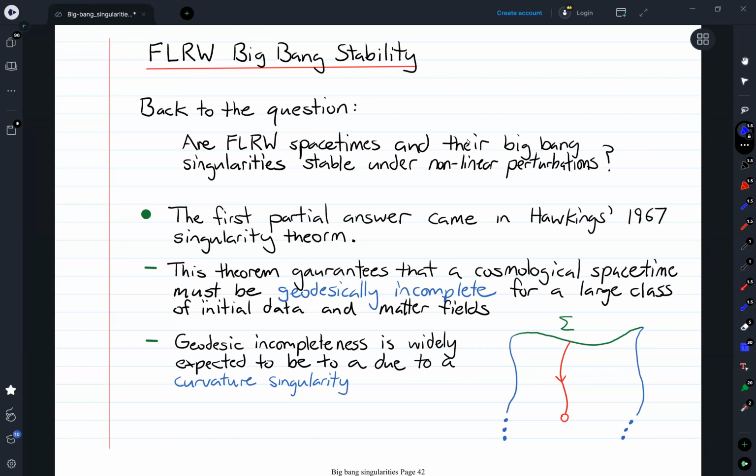Until very recently, there was no answer for this question at all. Nobody had any rigorous result that could state definitively that this is what's happening that applied to non-symmetric, generic initial data, say any data in a neighborhood of the FLRW solution.